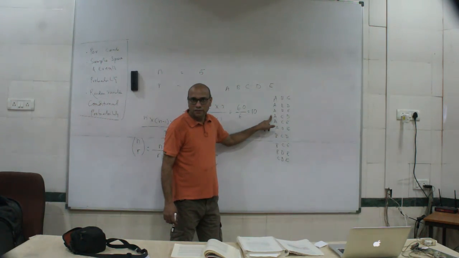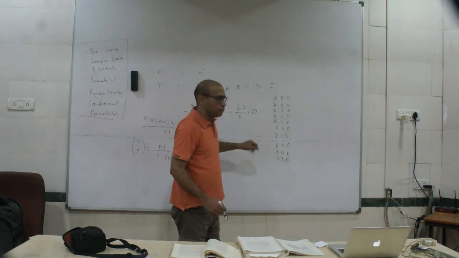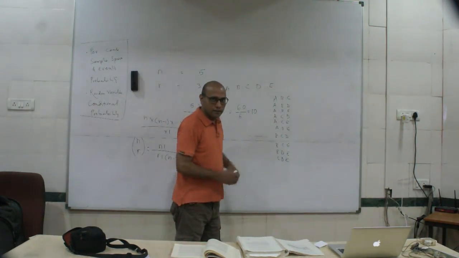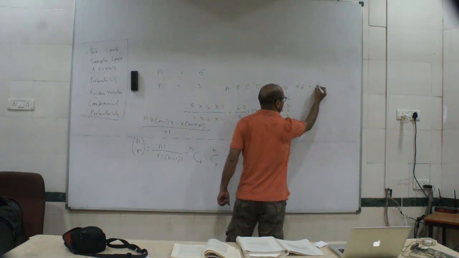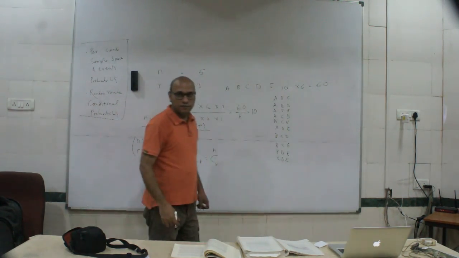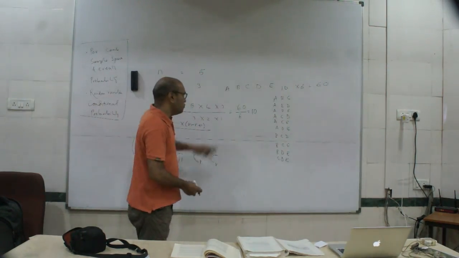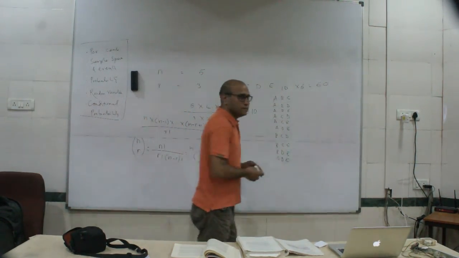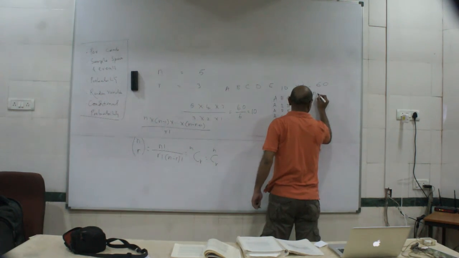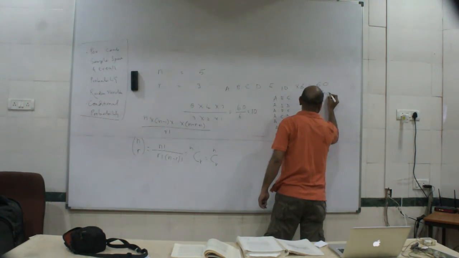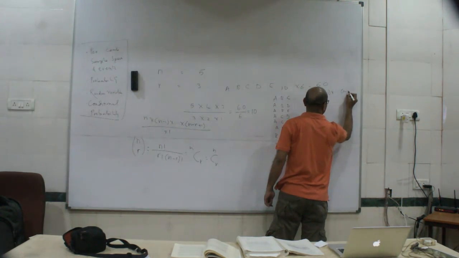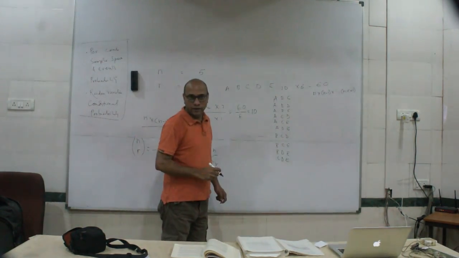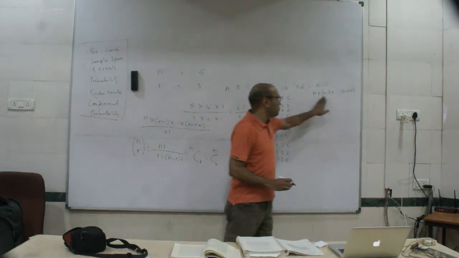So these are 10, which can be possibly ordered in 6 possible ways, so I get 60. So what is this? This is n into n minus 1 up to n minus r plus 1. So these are all possible orders.